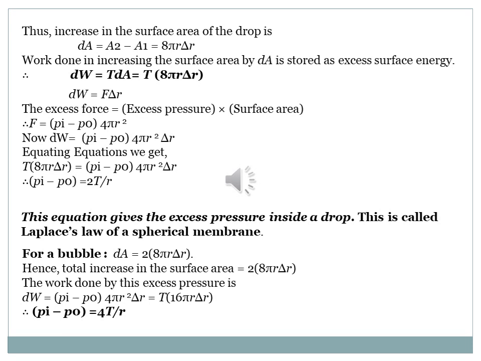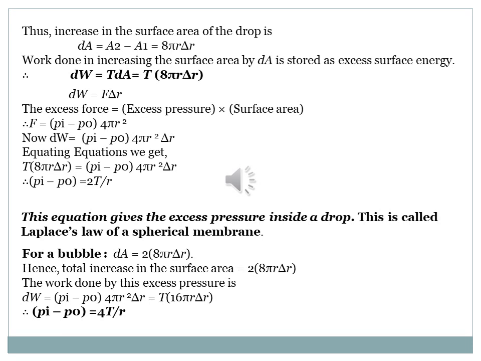Alright, so what happens in case of a soap bubble? The membrane or the area becomes double. So dA becomes twice 8 pi r delta r. So the total increase in surface area becomes twice 8 pi r delta r, and the work done also changes.